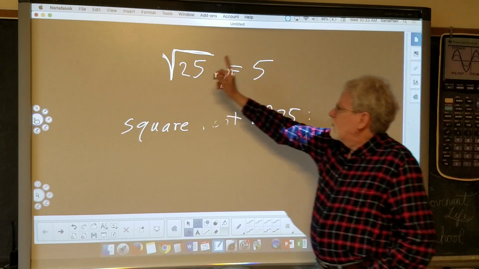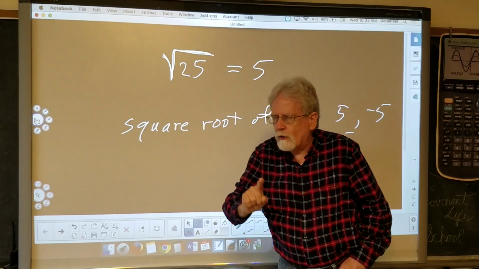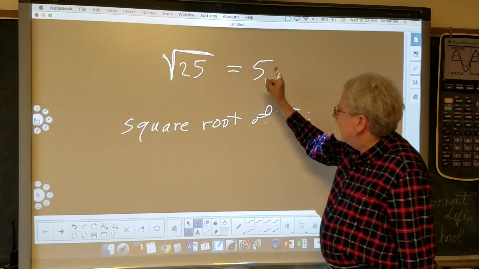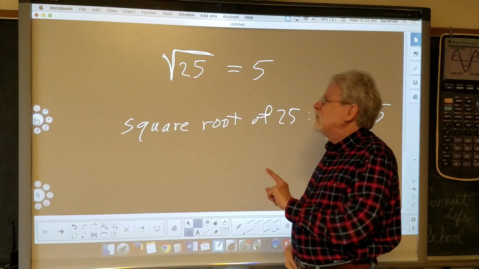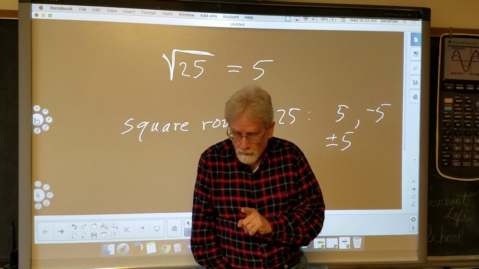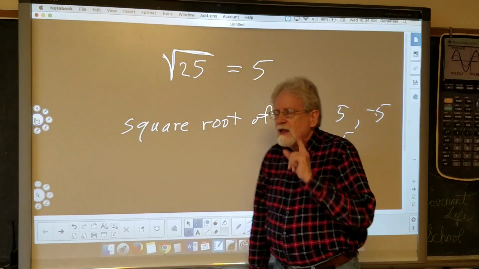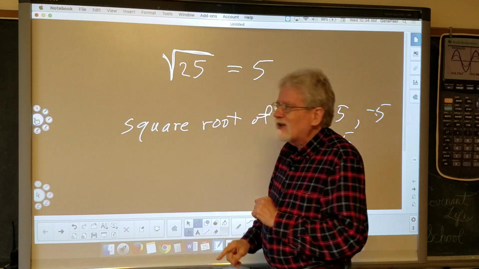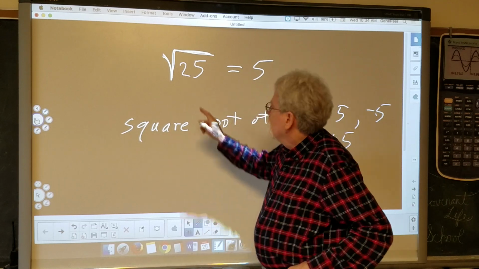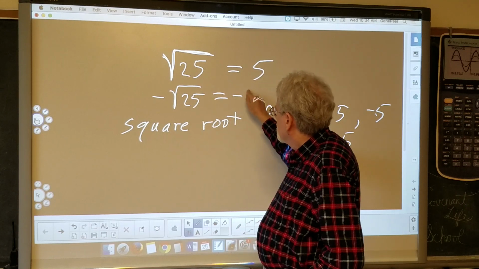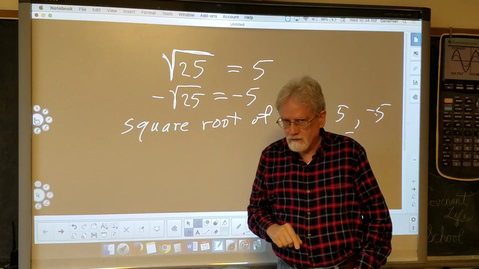But if you see this symbol, that symbol represents only the principal square root, so the answer to this one is strictly 5, not negative 5. If you want the negative square root, because yes, there is a negative square root of 25, you have to ask for it. How do you do that? You put a negative sign in front of it. That is negative 5.